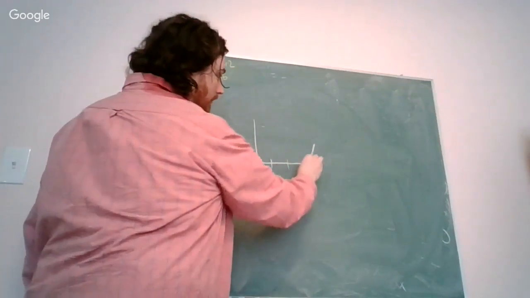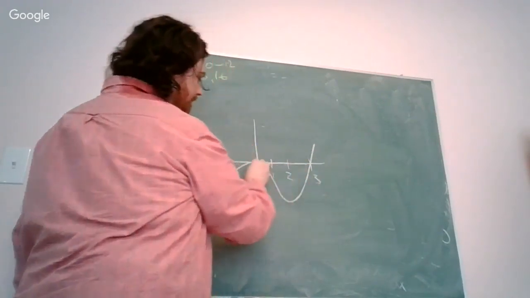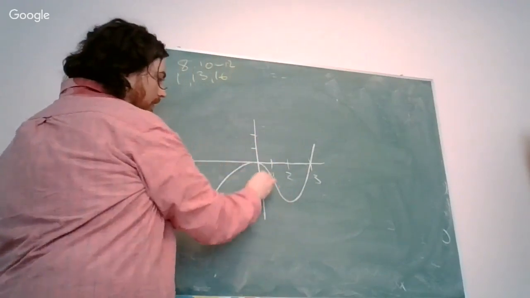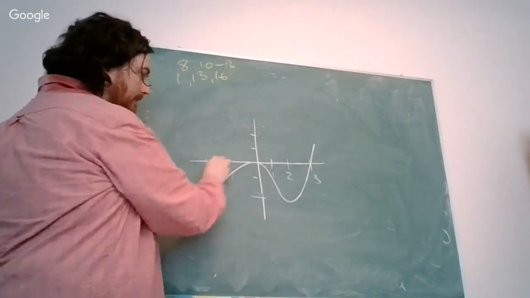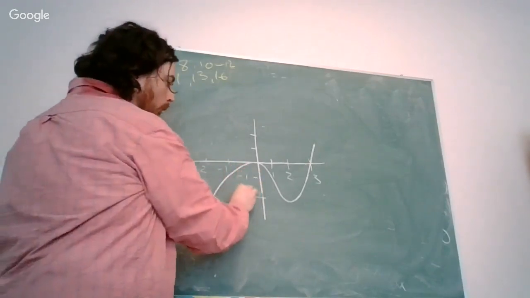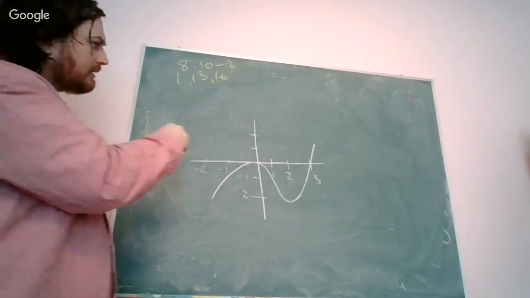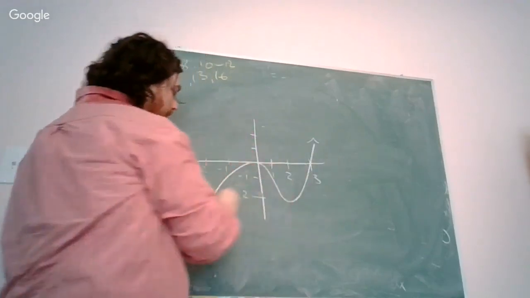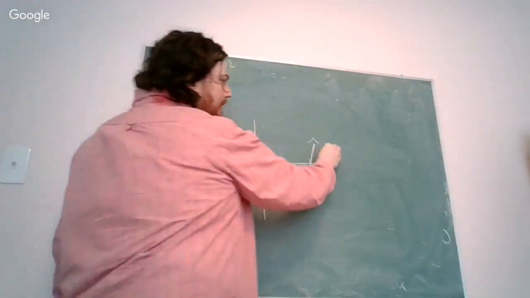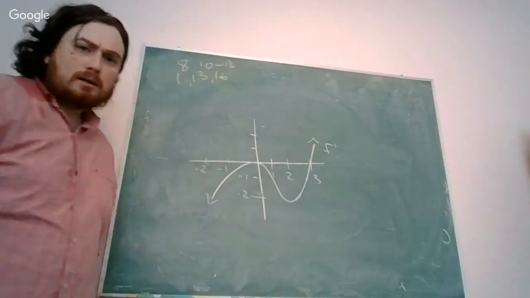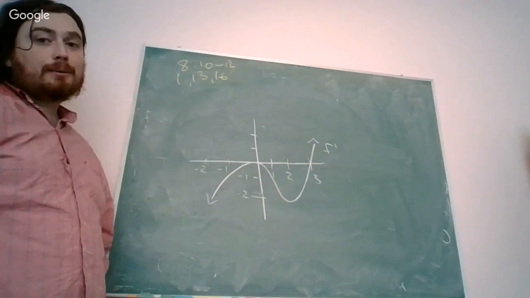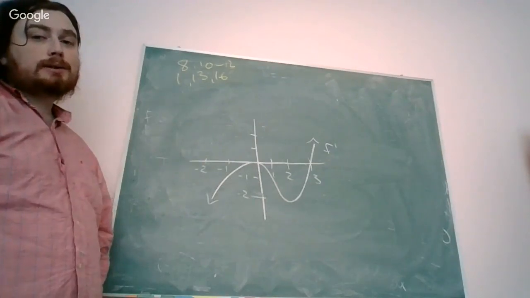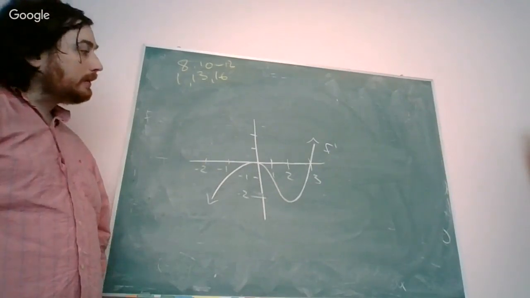So 1, 2, 3. All right, so we have something that looks like this. And now if we read the problem carefully, they tell us that this is f prime. That's actually the hardest part of the whole problem, to realize that this is the derivative, not the original function. So if we realize that's the derivative, then we can answer the rest of the questions.